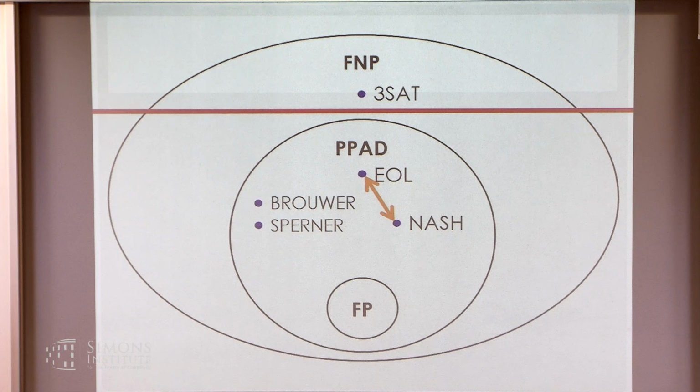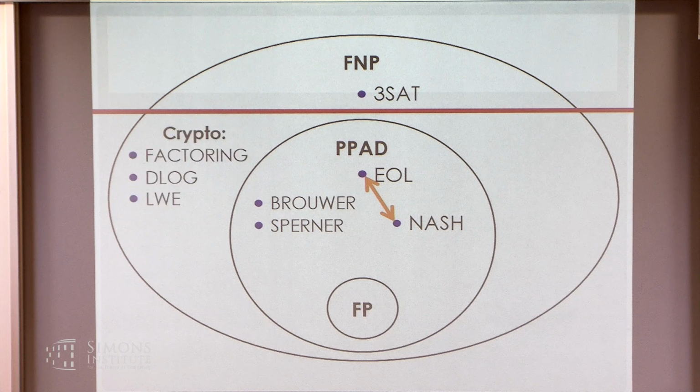Okay, that's the intuition, and the question is how to show it, and that's where crypto can come in. A central question since PPAD was presented is whether we can use cryptographic assumptions, so assuming problems like factoring or discrete log or learning with errors are hard, does that imply that PPAD is hard? And are these problems, in fact, in PPAD? It's a big open question.